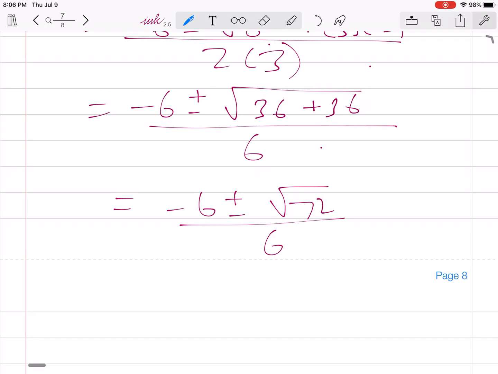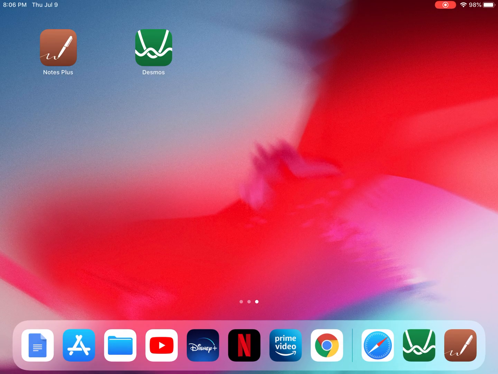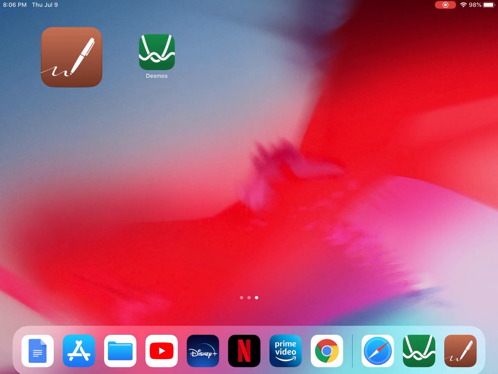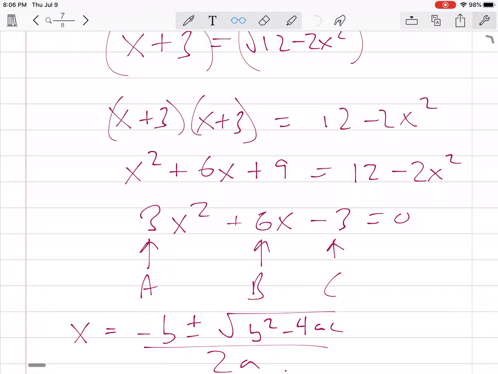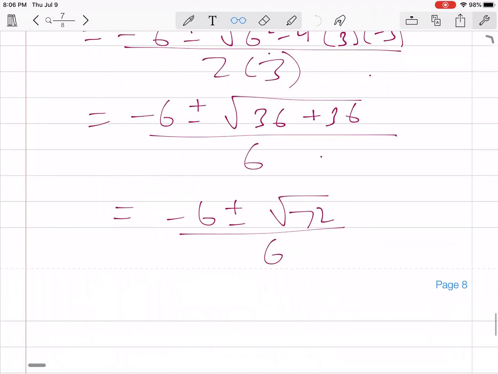So if we work that out and approximate it with decimals, so actually take the square root of 72, what that's going to give us, and this is what we got with the decimals, is two answers: 0.414 and negative 2.41.